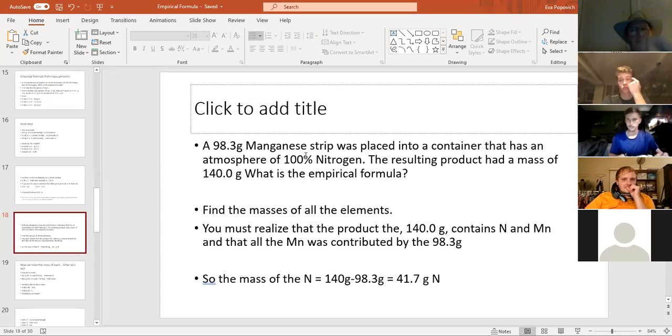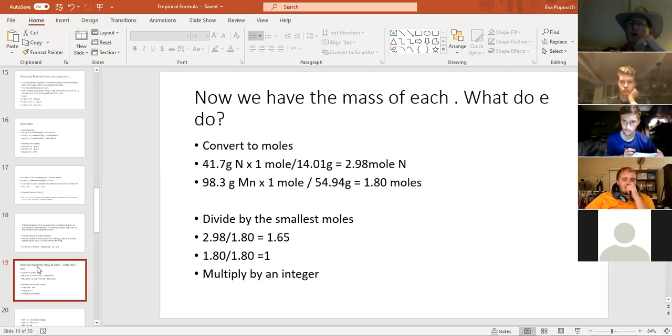It only has manganese and nitrogen in it. So if I subtract out the weight of the manganese, this will give me the weight of my nitrogen. Again, guys, I now have the weights. First step done. Second step, I'm going to turn them into moles.